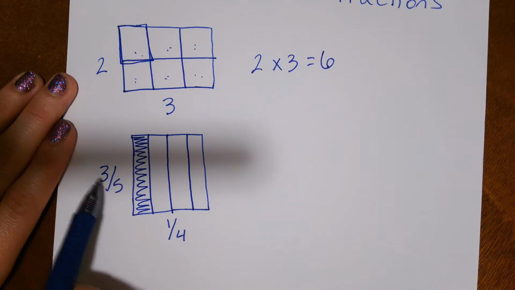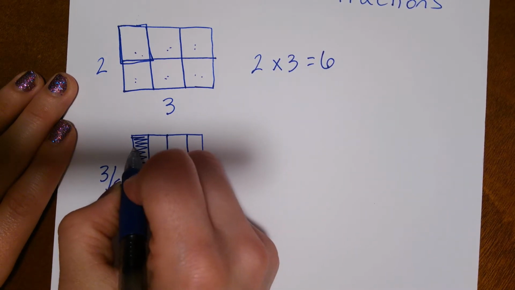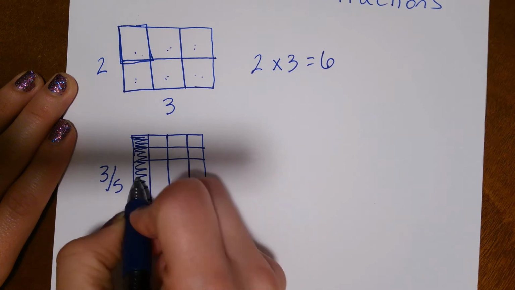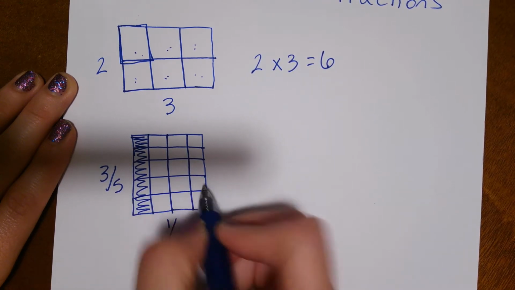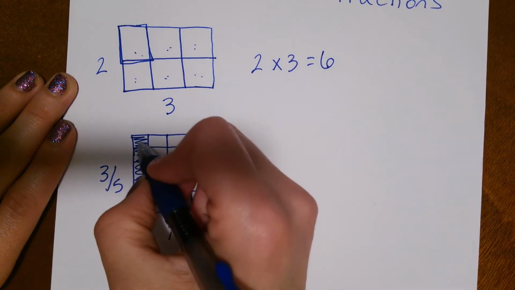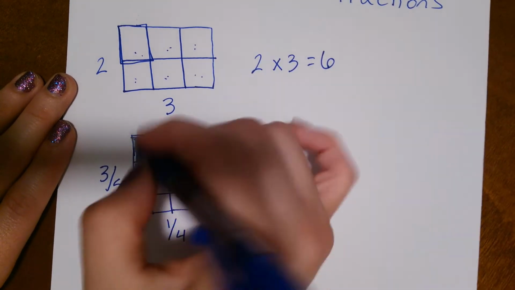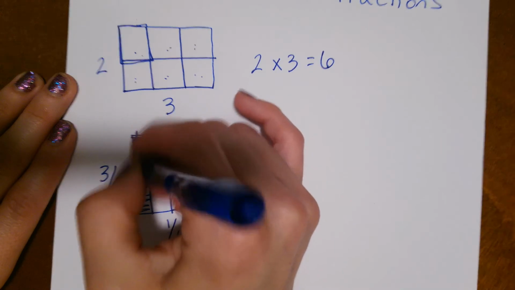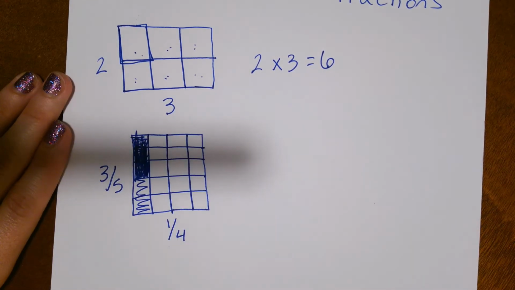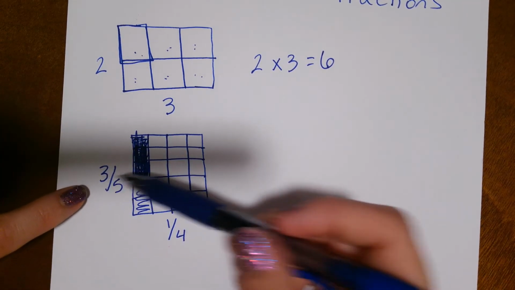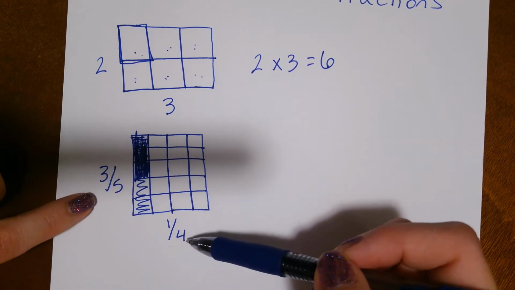And 3/5 means we're going to break it into 5 pieces. 1, 2, 3, 4, 5, and I'm going to take 3 of them. So I'm going to take 1, 2, 3. So this overlapped shaded region is the area covered by 3/5 times 1/4.